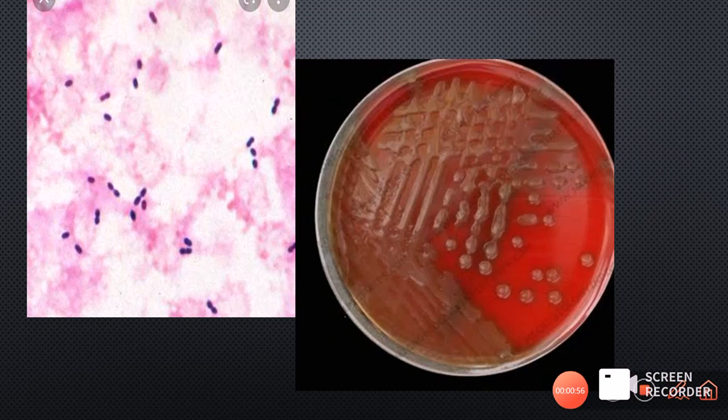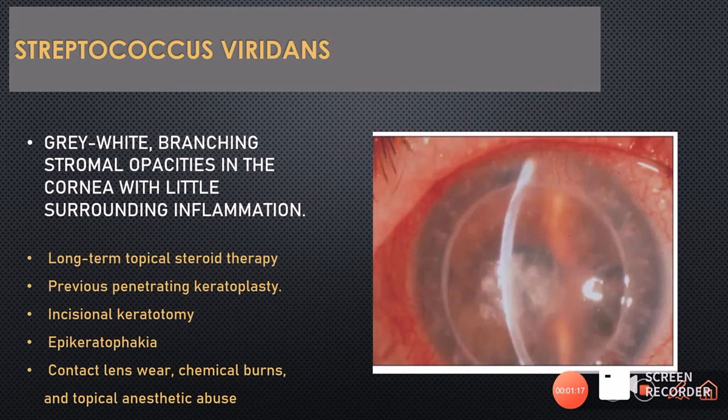Now Streptococcus pneumoniae are gram-positive cocci arranged in pairs, and therefore they are called diplococcus. And on the blood agar, you can see these greenish colonies because of the partial hemolysis, and that is called alpha hemolysis seen in Streptococcus pneumoniae.